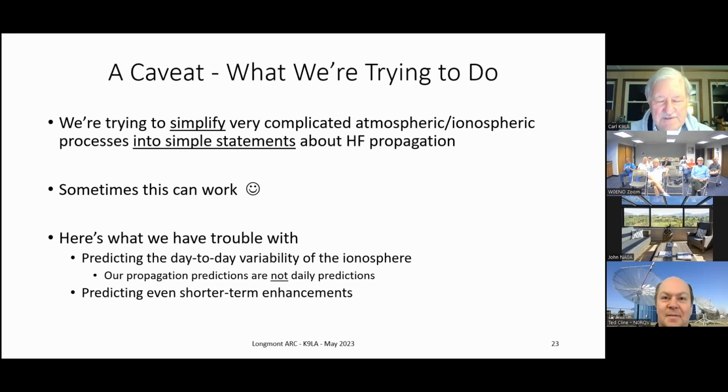In other words, what's the ionosphere look like today? What's it going to look like for tomorrow? We struggle to predict that. And we even have a lot more problem with short-term events, solar flares, geomagnetic storms. We just don't understand things enough to really have short-term predictions.